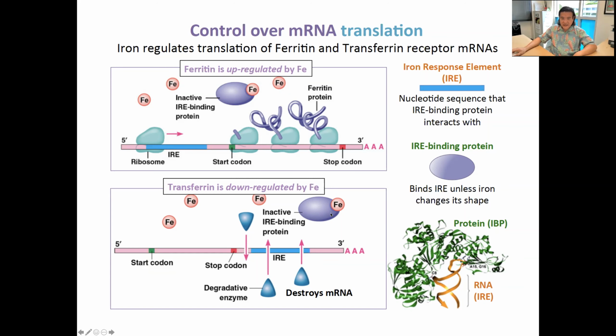So the presence of a lot of iron ends up releasing this IRE binding protein from the IRE here, and now these enzymes, these proteins, can come in and cut up the mRNA, thereby stopping more translation from happening.